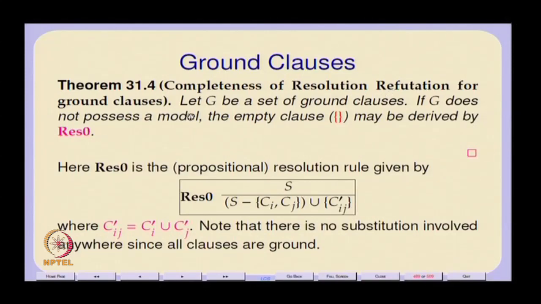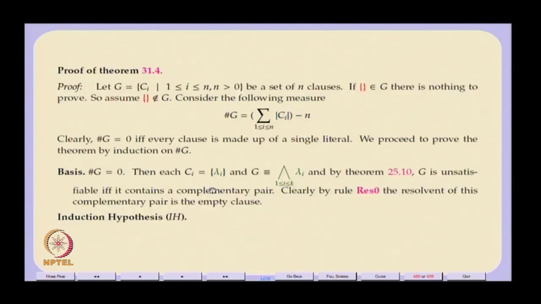You can think of it as a proof of completeness of propositional resolution, because essentially we looked at ground terms in the predicates and there was no unification because everything was variable free, and we just took exact complementary pairs and did the resolution. So res 0 here stands for propositional resolution. There is no substitution involved anywhere in this.